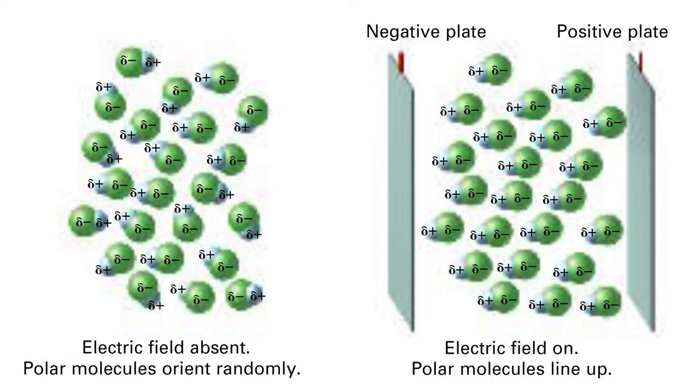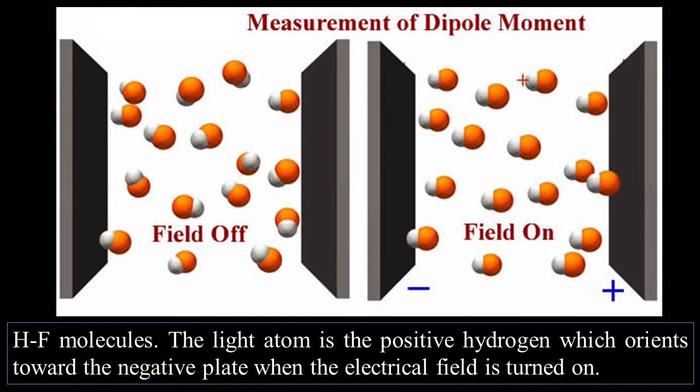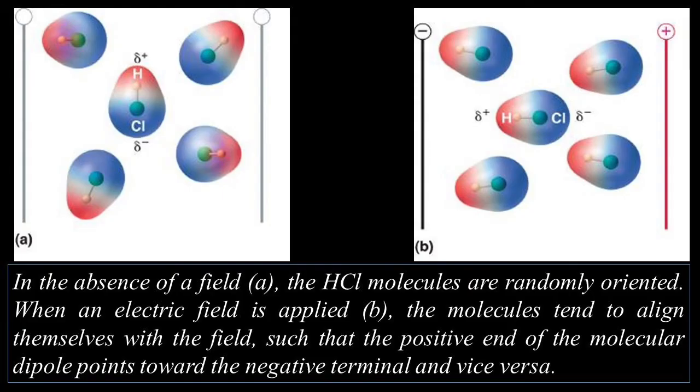Here I have some examples of these polar molecules lining up between two electric plates, where the electric field is off versus on, and the positive side is attracted to the negative plate, and the negative side is attracted to the positive plate.